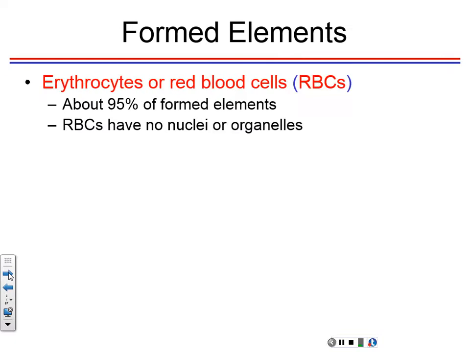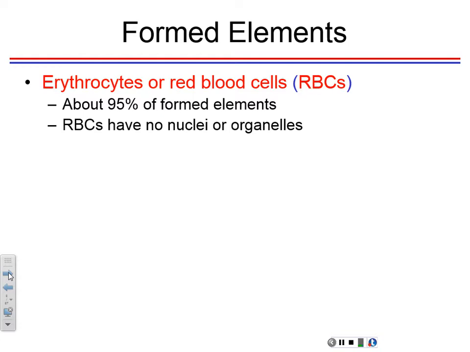Formed elements. So we talk about erythrocytes, we talk about the life cycle of erythrocytes. About 4 months, about 120 days, you have new red blood cells. Because they are squeezing through capillaries and so forth, they get worn out.